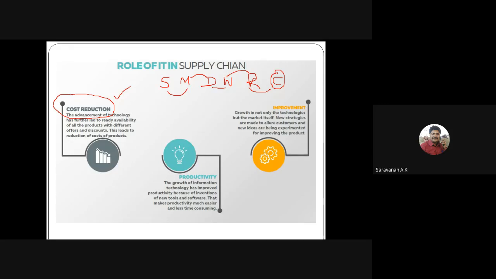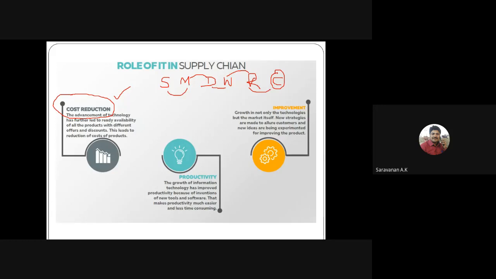The information will be gathered by the retailer, and the retailer will pass the information to the manufacturer or a distributor, right? So the distributor gives the order to the manufacturer. So how the information passes, and how the goods flow, right?